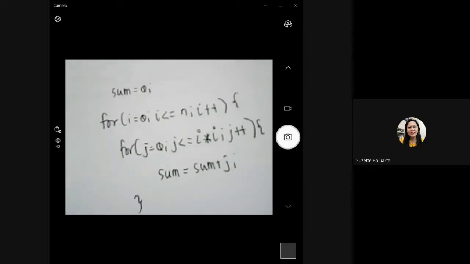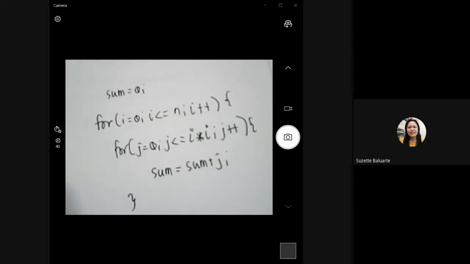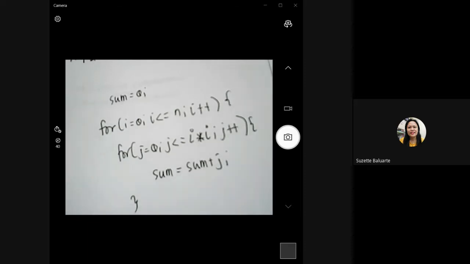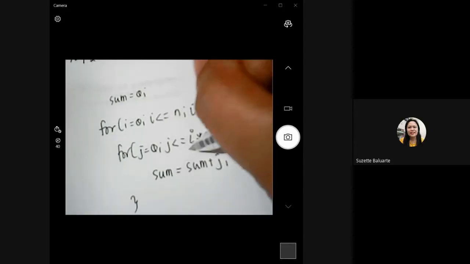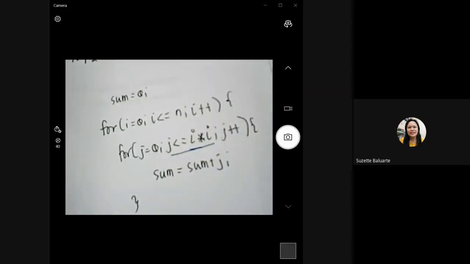Makita ra? So first thing is you are going to label that first. So I'll give you a hint. i times i, unsay ano? i squared. Correct. Sige. So, I will be putting something into your LMS and then you will pass that.